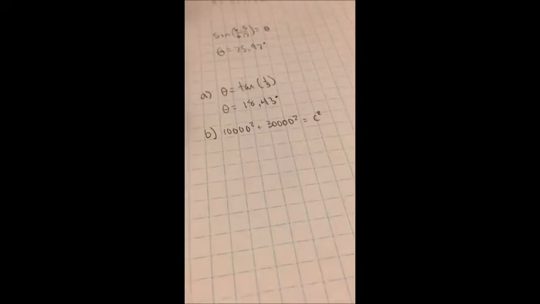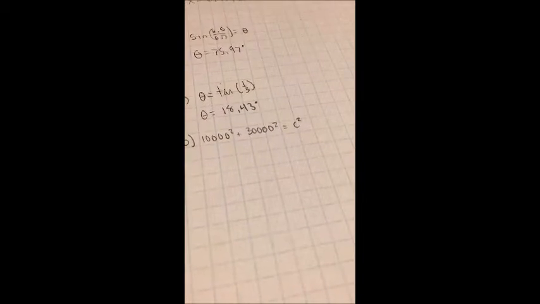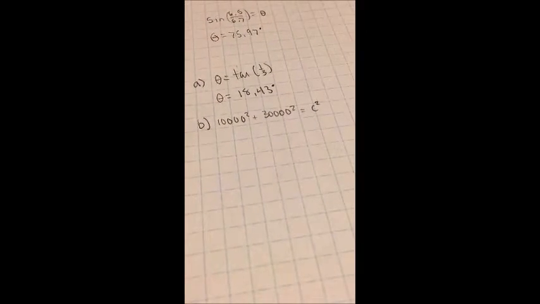Part B wants you to solve for the hypotenuse. So for this, we're going to use the Pythagorean theorem. Now, when you plug it in, you'd plug it in as 10,000 squared plus 30,000 squared equals c squared. And when you solve this, you would get this value.